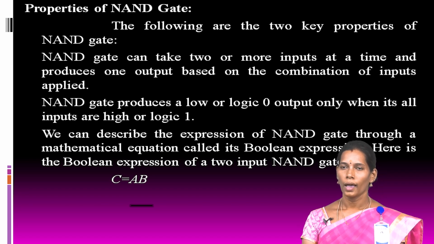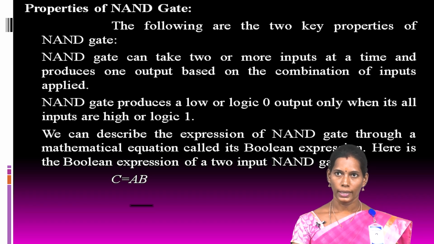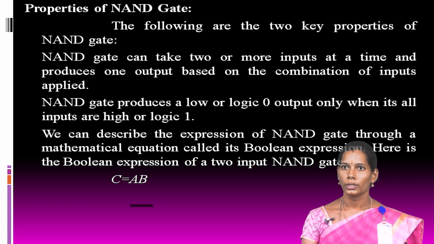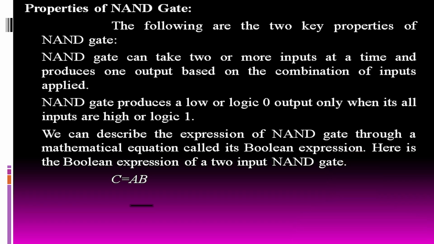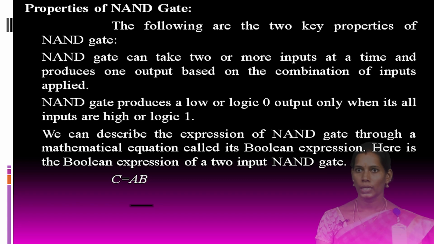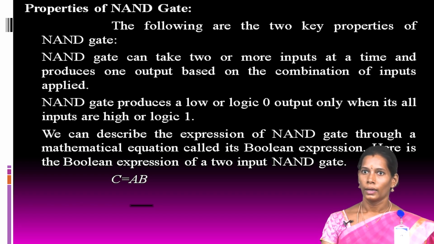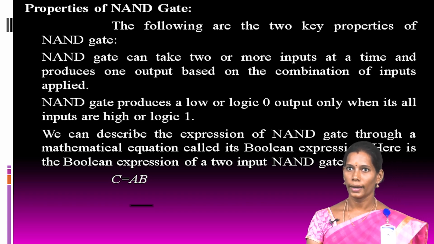We can describe the expression of NAND gate through a mathematical equation called its Boolean expression. Here is the Boolean expression of a two input NAND gate: C equal to (AB) bar. In this expression, A and B are the input variables and C is the output variable. We can extend this relationship to any number of input variables like 3, 4 or more.